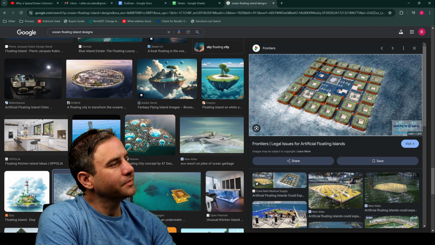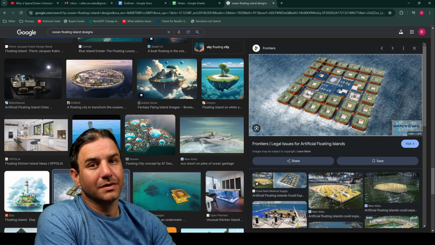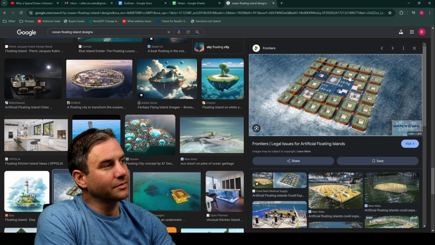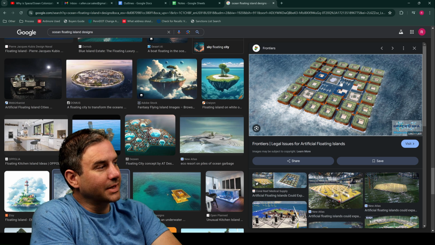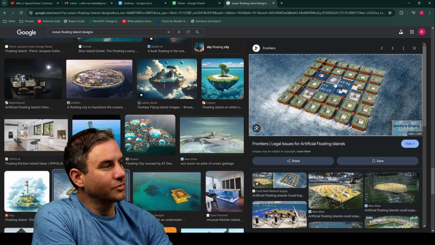See, the nice thing about this is that each one of these grid-shaped designs can flex with the ocean surface.